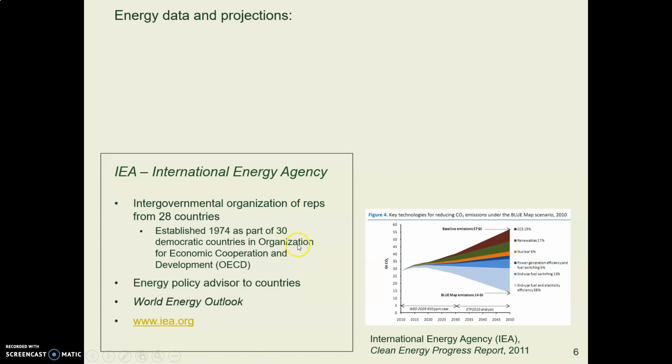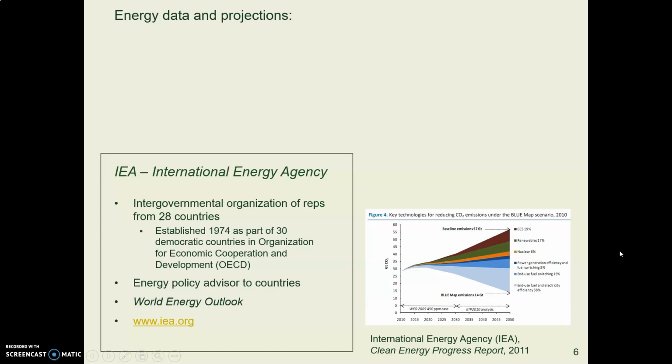And the organization is called Organization for Economic Cooperation and Development, OECD. And they have this sub-agency which researches energy and emissions, and it's called the IEA, International Energy Agency. It gives advice to all its member countries.